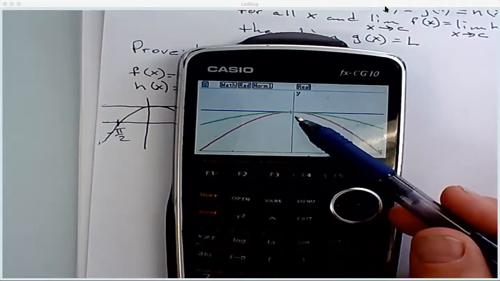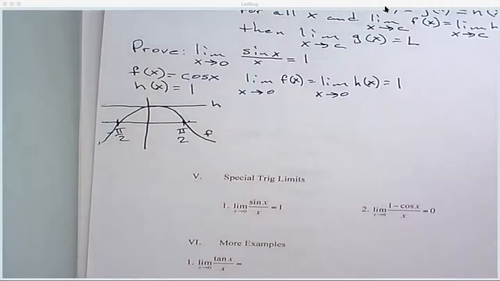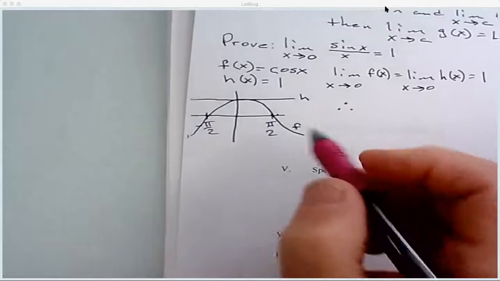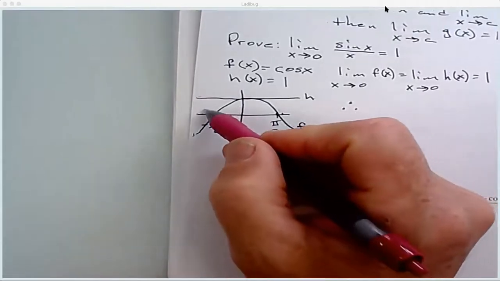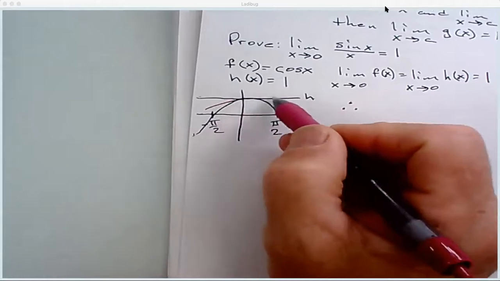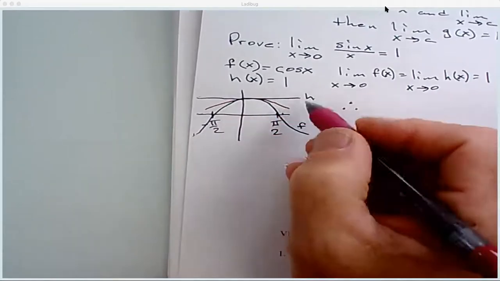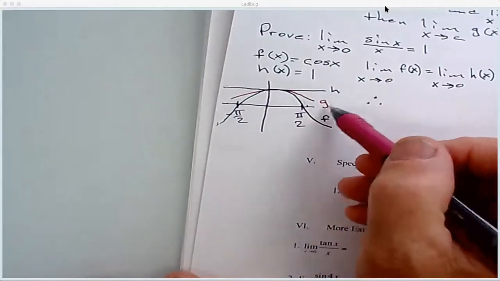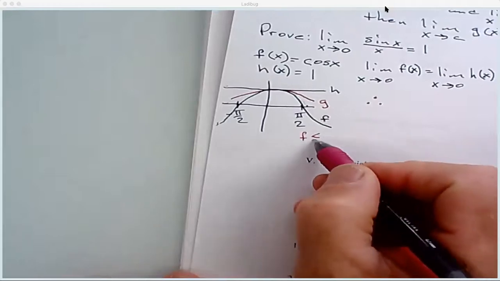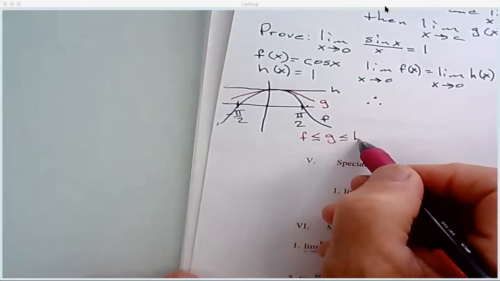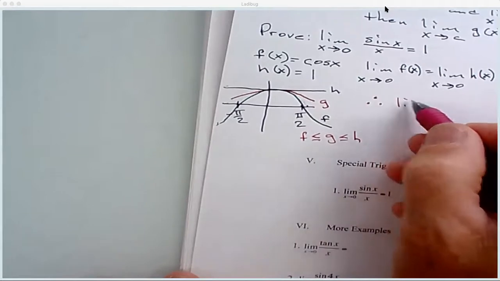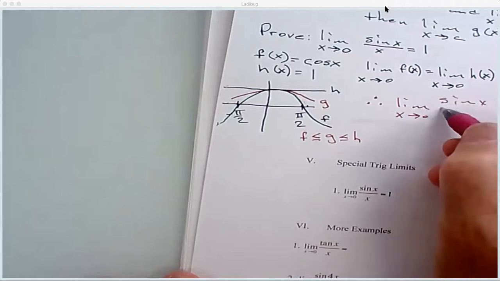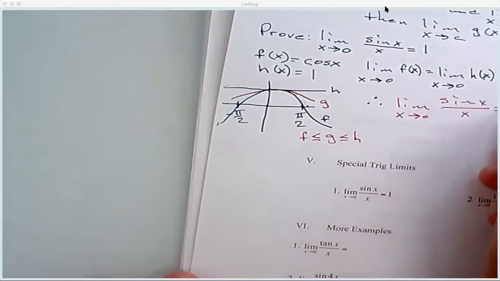Its y value. Therefore, here's my graph. This is g. So you can see by my picture that f is less than or equal to g is less than or equal to h. So therefore, the limit as x approaches 0 of the sine of x over x has to be equal to 1.